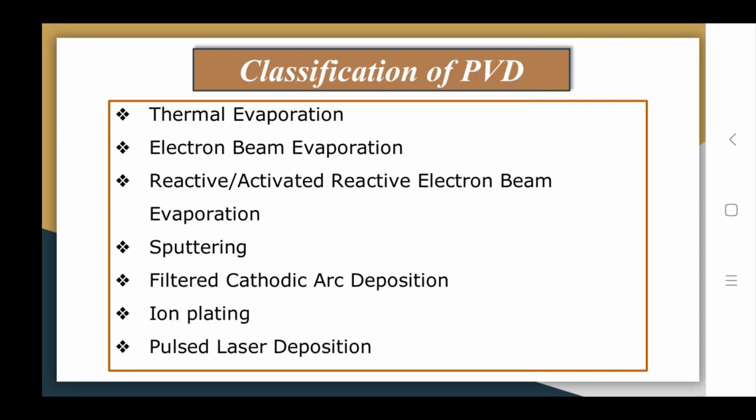The first type is the thermal evaporation method, then the electron beam or e-beam evaporation method, then reactive and activated reactive electron beam evaporation, then sputtering, then cathodic arc deposition, ion plating, and pulsed laser deposition. So these are the types of PVD technique.